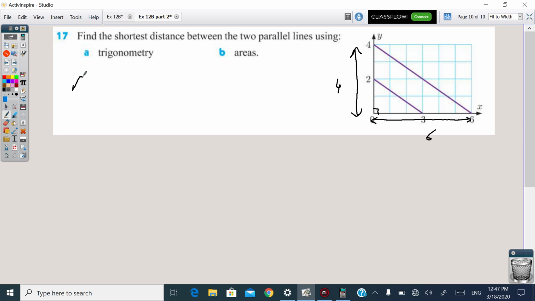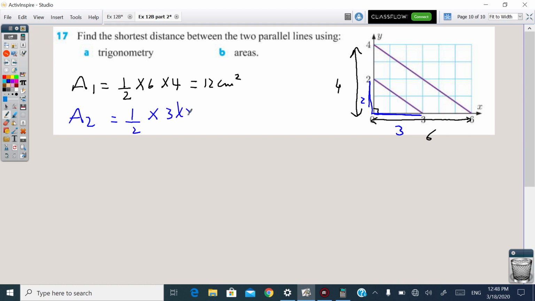So the area 1 is equal to half the base times the height, and this equals 12 square centimeters. And then if we look at the second triangle, this distance is 3 and this distance is 2, so we have the area 2 is equal to half times 3 times 2, which is 3 centimeters squared.